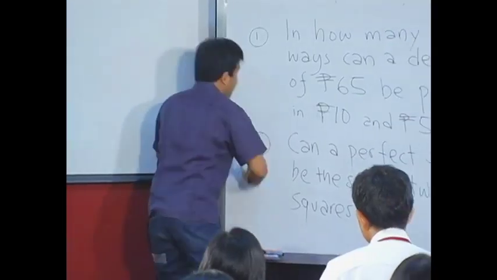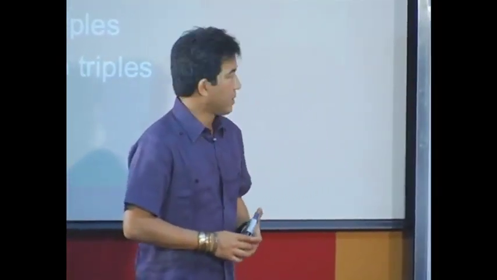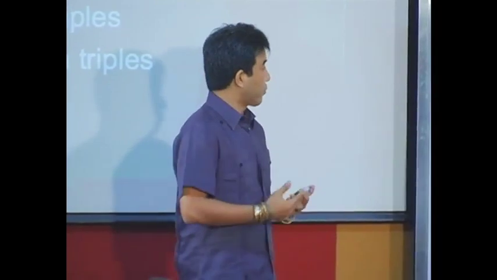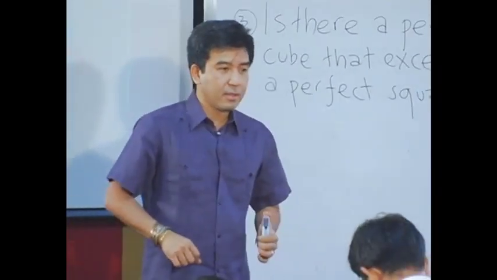I'll ask you another question. My third question: is there a perfect cube that exceeds a perfect square by 2? Can you think of a perfect cube and a perfect square that are so close apart? Their difference is 2. Yes, Joseph? 2 cubed is equal to 8.